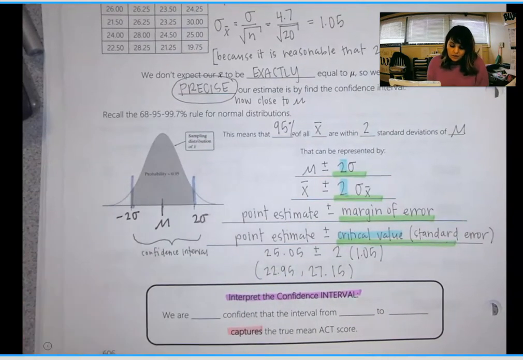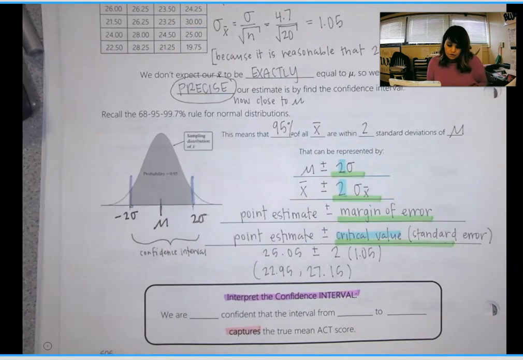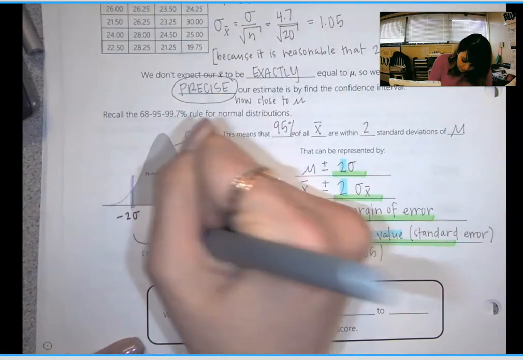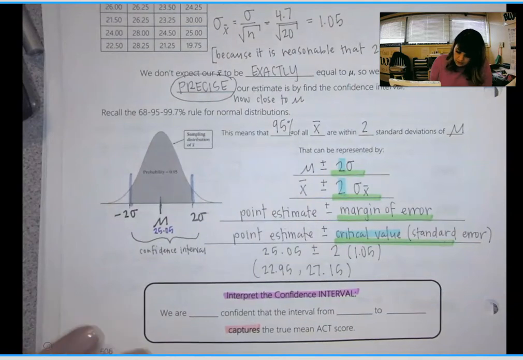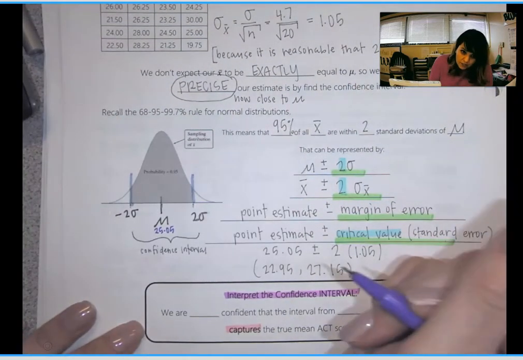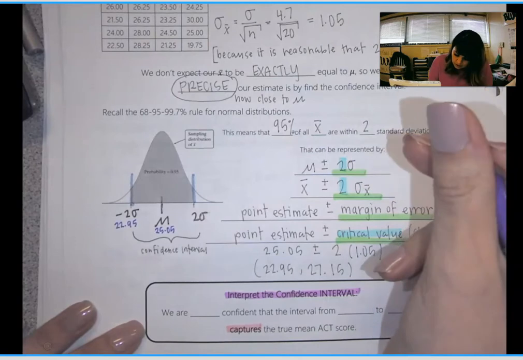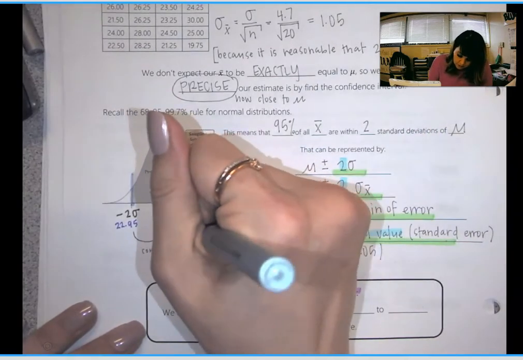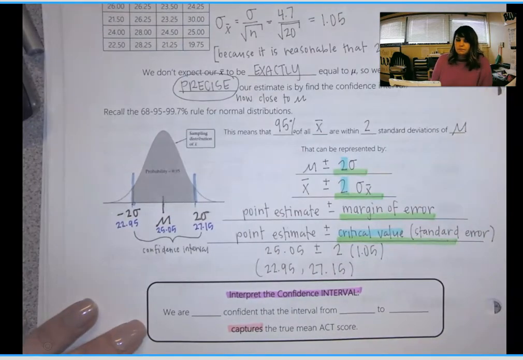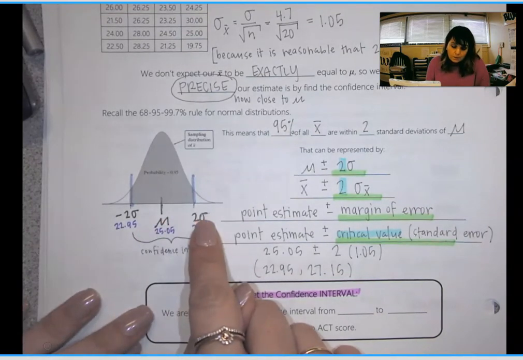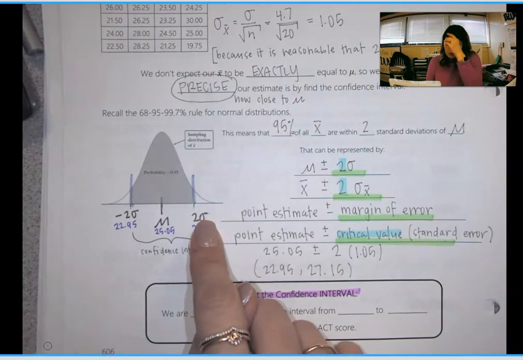So now let's come over here and relate the values to this picture. Our estimate for true mu is 25.05. Our lower bound, or 2 sigmas below the mean, is 22.95. And our upper bound, or 2 sigmas above the mean, is 27.15. The distance between mu and your upper bound is your margin of error.